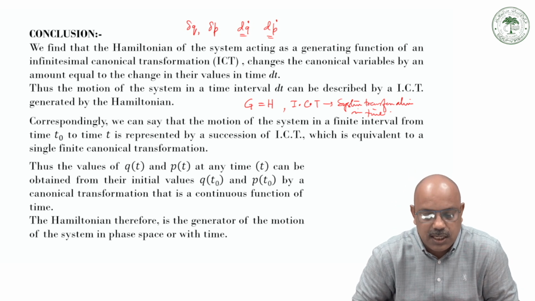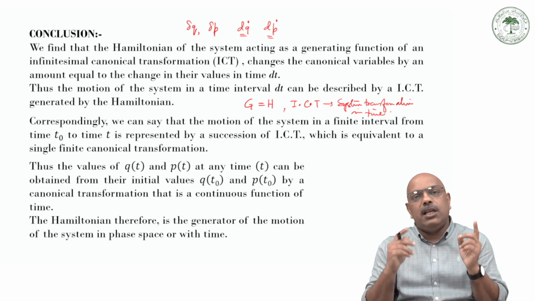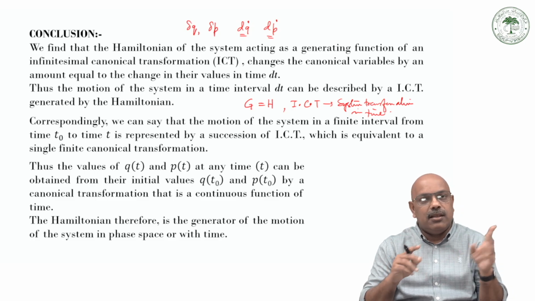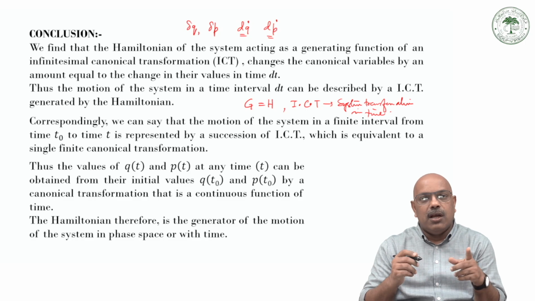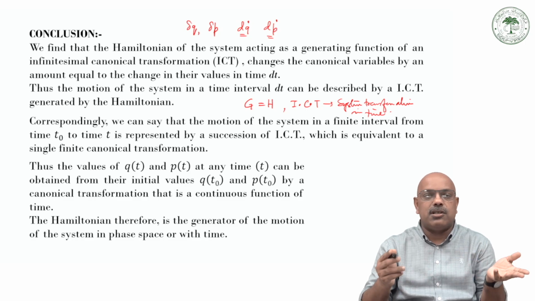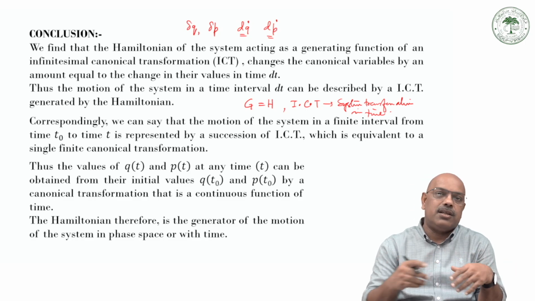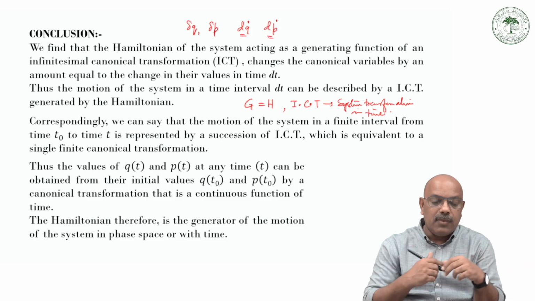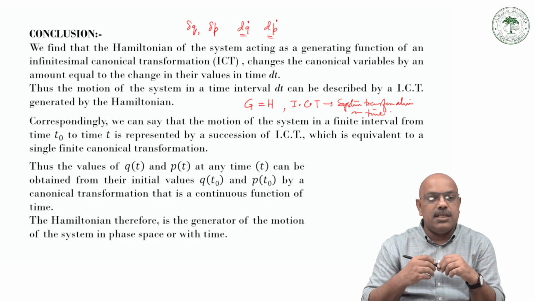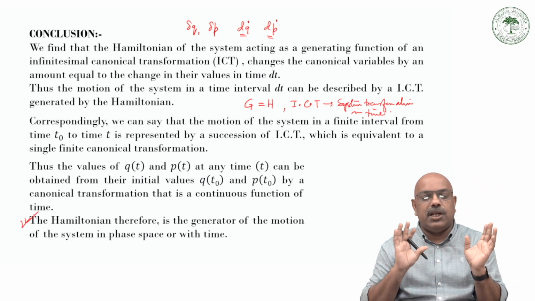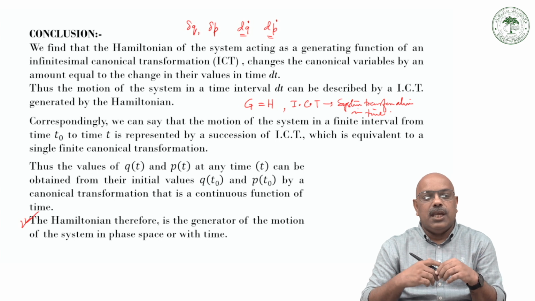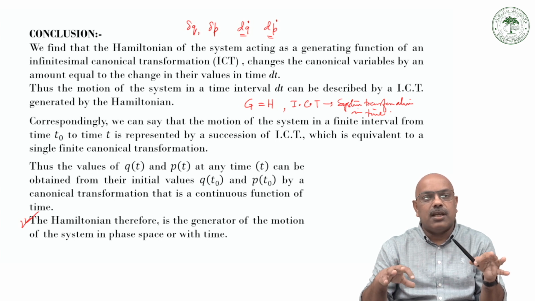So this is one thing: when you are dealing with the Hamiltonian, the infinitesimal canonical transformation gives you the transformation of your system in time. And from this last line, you can see that the Hamiltonian is therefore the generator of the motion of the system in its phase space, or with time.